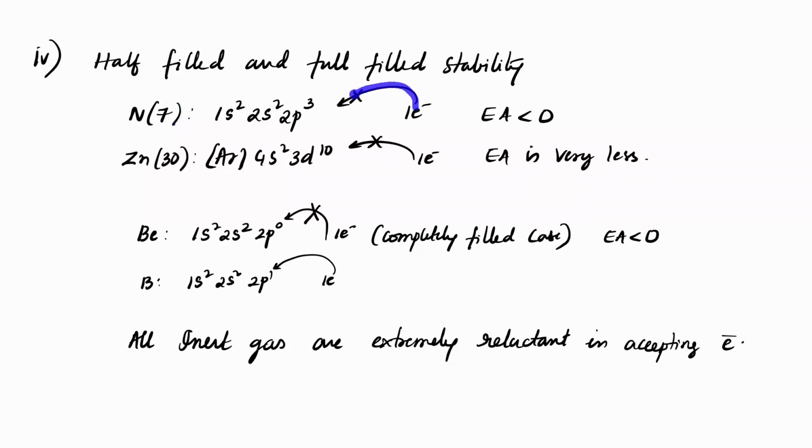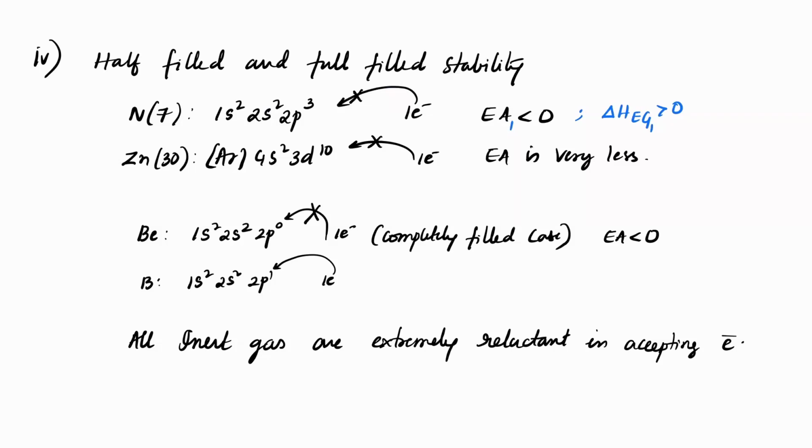Nitrogen would be reluctant to accept any electron because it would destabilize its half-filled nature. Therefore, instead of releasing energy, in case you forcefully feed that electron, the energy is actually required. So I can say electron affinity is negative, electron gain enthalpy is positive. Okay, first electron affinity.